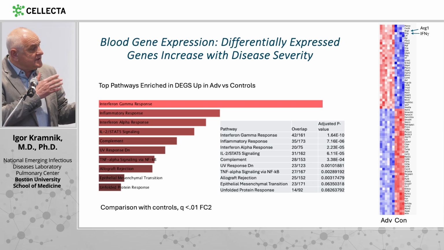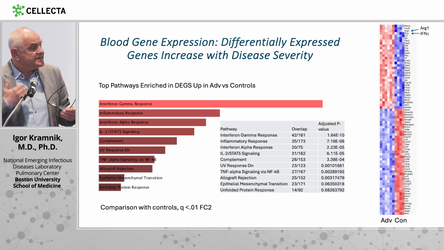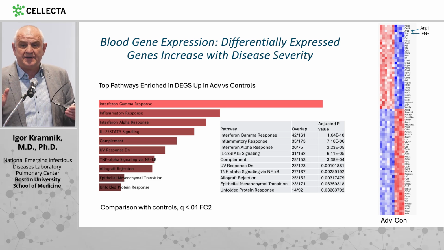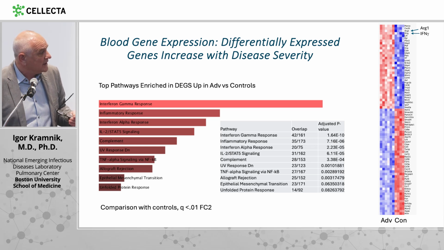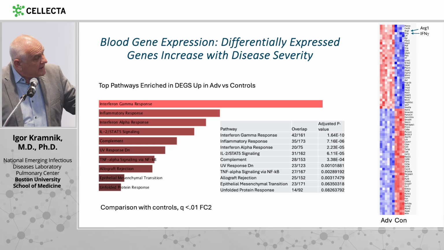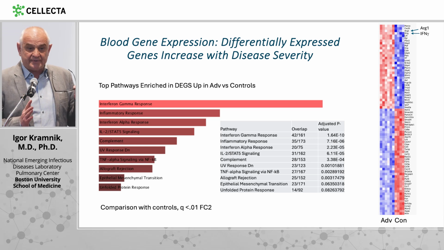We have early stage, intermediate, and advanced, when bacteria start to replicate fast. And then there is a terminal stage that we don't study because you don't need any analysis. You see that the animal is very sick. So what we show here is that when we compared advanced and early lesions, the blood gene expression signature gave us a very clear separation.